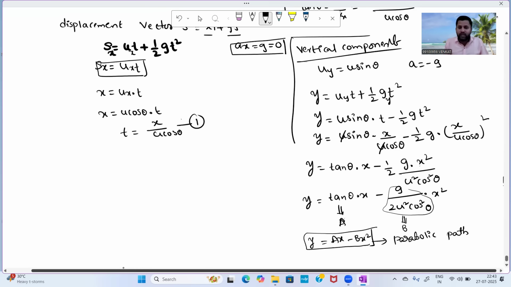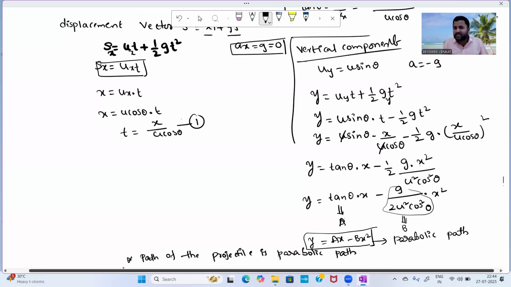What is the conclusion? This equation gives that the path of the projectile is a parabolic path, and this equation is called the trajectory equation.